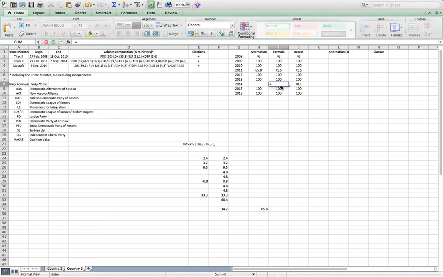For that reason, we look at 26.1 plus 4.3 plus 4.3 plus 4.3. You see? So it's PDK 26.1, ADK 4.3, KTDP 4.3, PD 4.3, 4 parties that were in government together before in 2011.